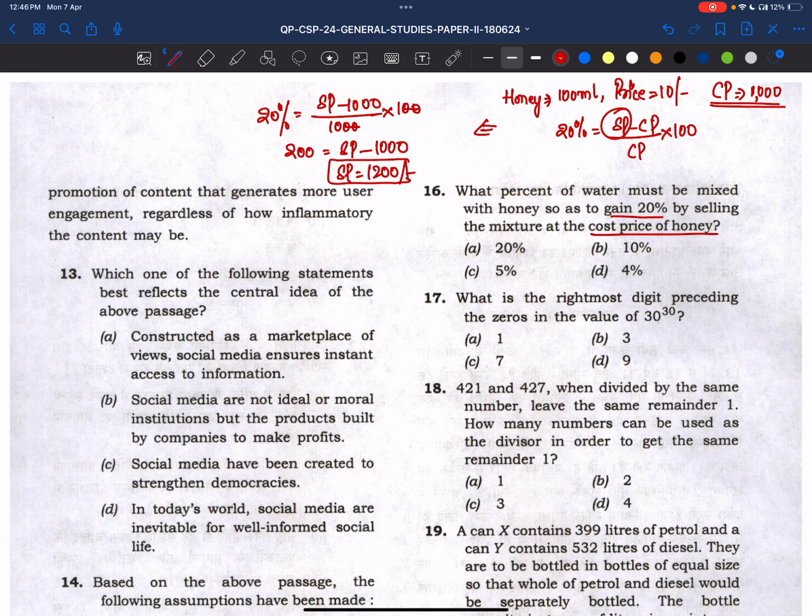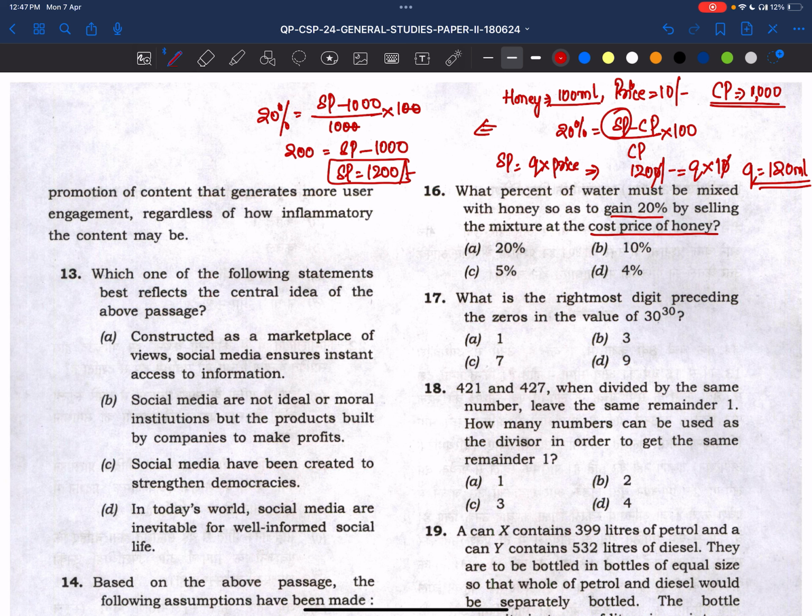It is telling us to sell at the cost price of honey, right? Selling price will be quantity into price. That means 1200 rupees equals the quantity after mixing water into 10 rupees, the same cost of honey. So the quantity we have sold is 120 ml.